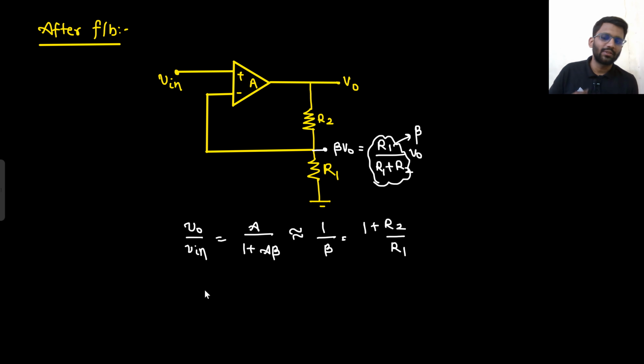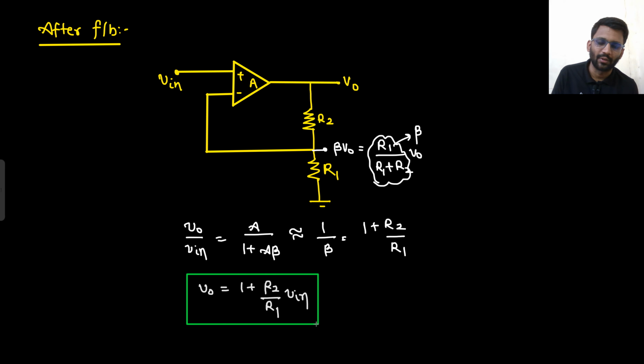Since this is a constant gain, if you plot V naught versus V in, V naught equals 1 plus R2 by R1 into V in. So if you plot V naught versus V in, what happens?